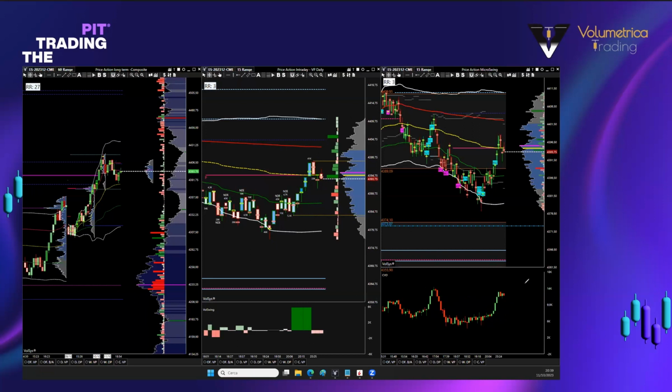I would say in this case, we don't have that much divergence showing by the CVD itself, because we have this high, which is a lower high compared to this one. And also here, that's a lower high.